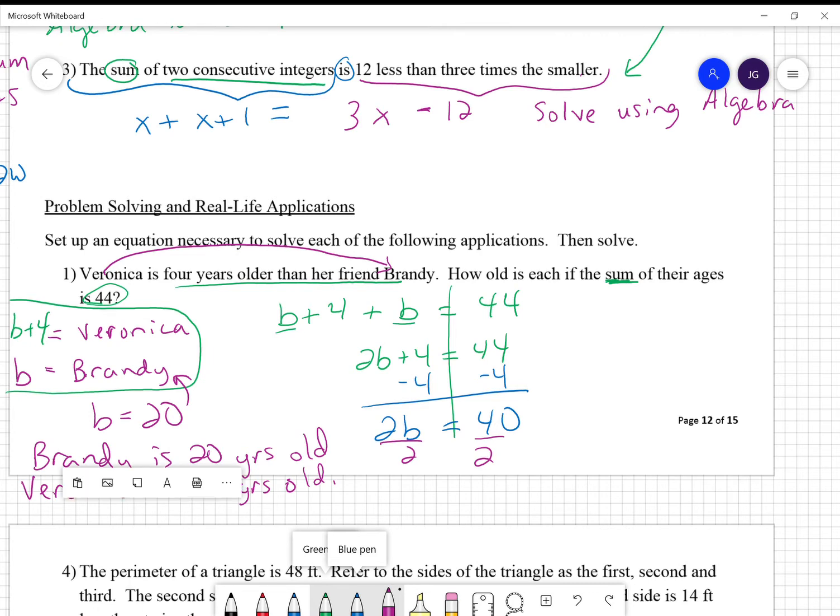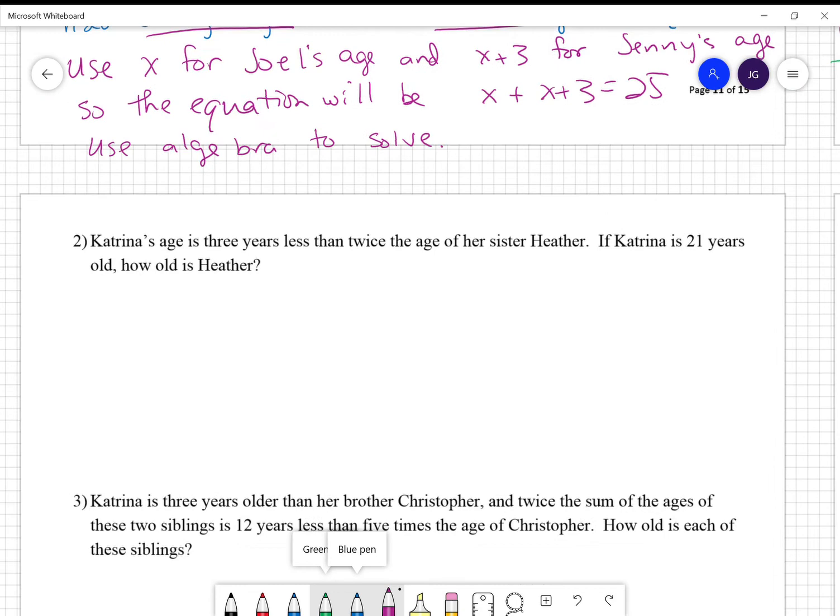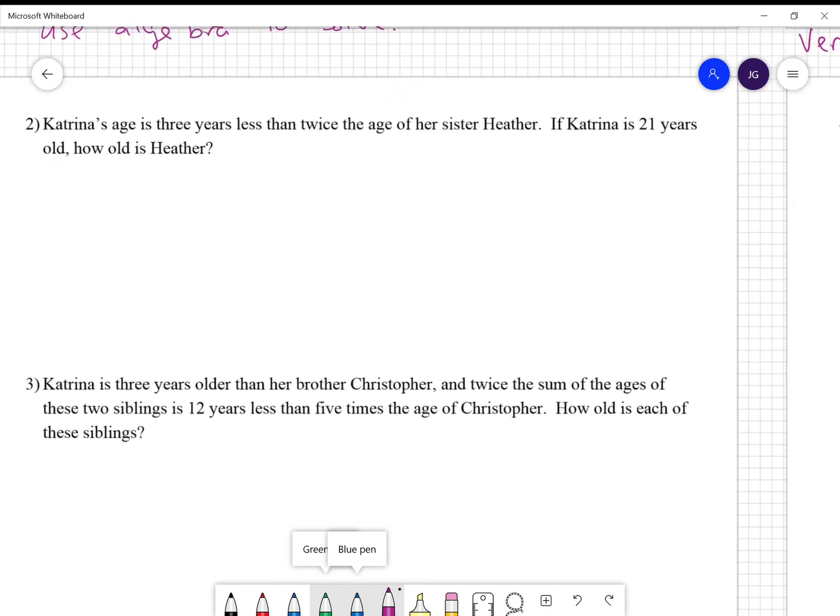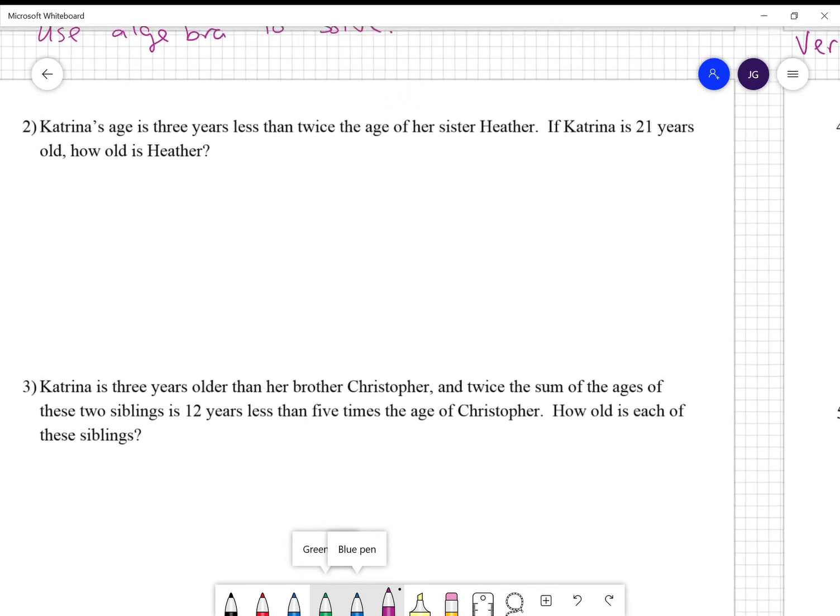Okay, next problem. Katrina's age is 3 years less than twice the age of her sister Heather. If Katrina is 21 years old, how old is Heather? Okay, I actually don't need to set it up because I know Katrina.